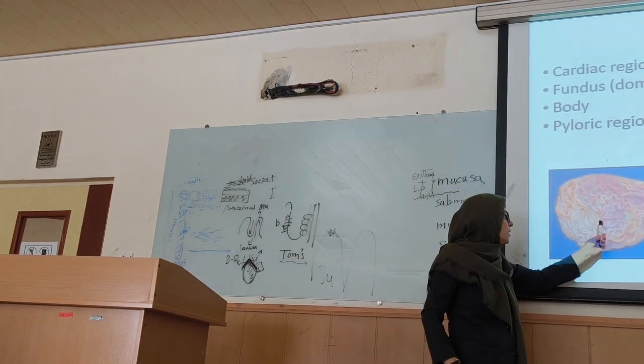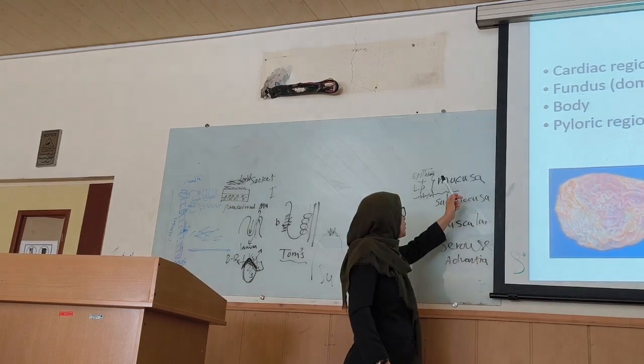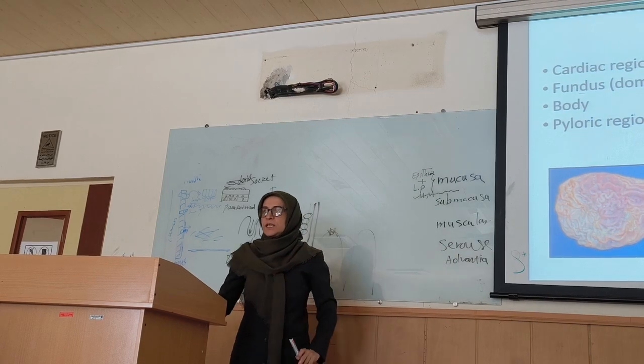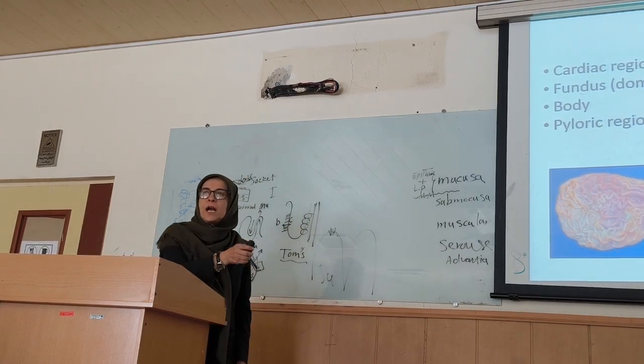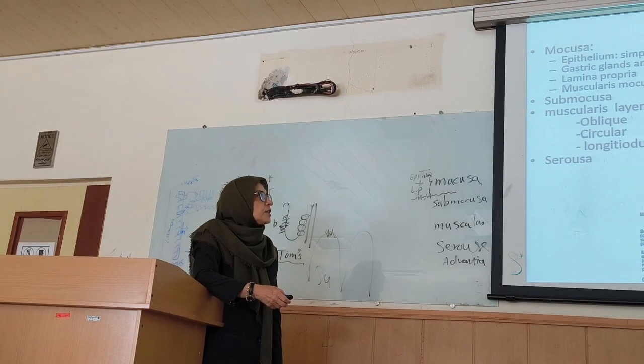These structures are rugae, a special structure in the stomach. Just in the stomach can we see these structures.